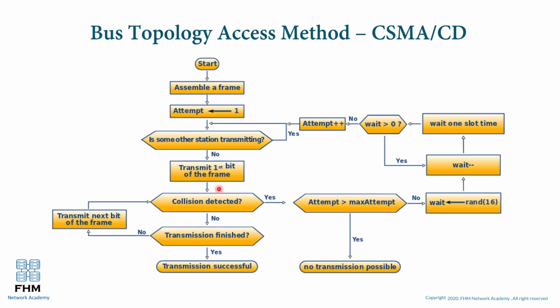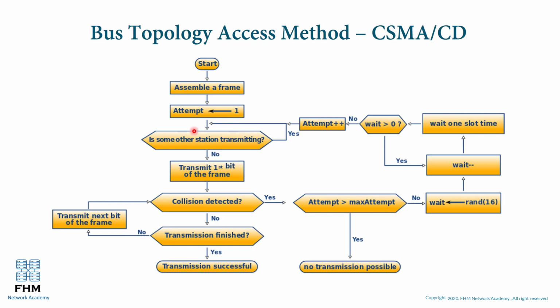If they're equal, everything is alright. What if they're not equal? It means a collision happened. So if a collision happened, they stop transmission and wait for a random time. After that, the procedure goes back to the first step, listening to the media and answering the question, is some other station transmitting?